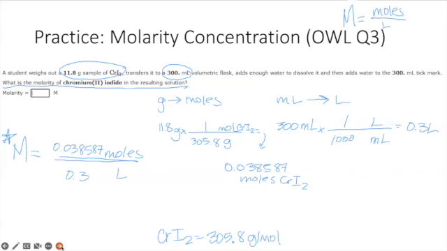Here, both of my given quantities have 3 sig figs. This one has 3 because they put a decimal after it, which made these 2 zeros significant. So I want my answer to have 3 sig figs. My calculator gives me something like 0.29 something something. I'm just going to leave it at 0.29 because that's 3 sig figs. This is big M of chromium iodide. So I would go ahead and fill in that answer.